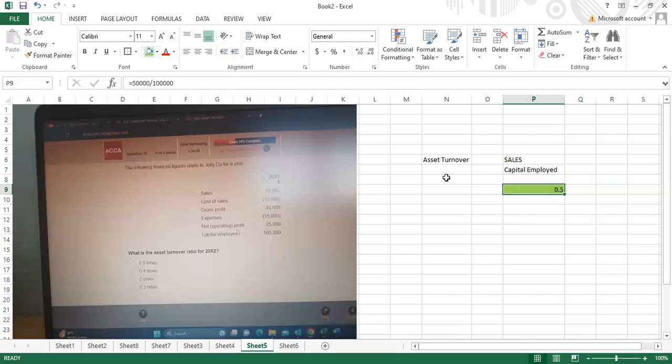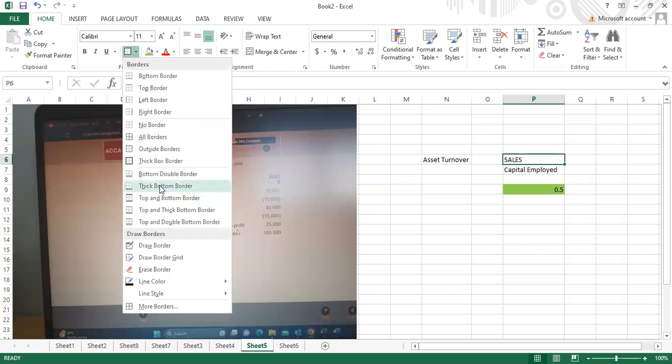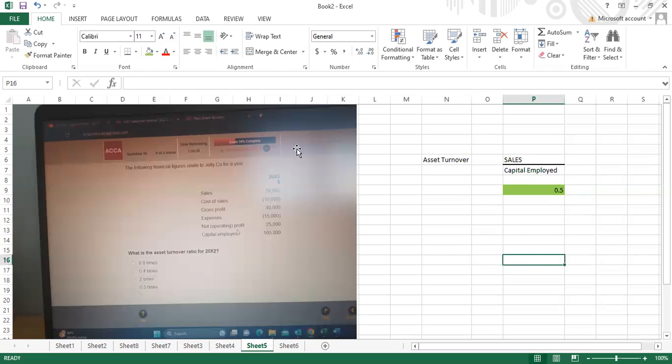Very easy one. Sales divided by capital employed, you will get the answer, which is 0.5 times, and not at all difficult. Easy one, the easiest one. And you will see these kinds of questions appear in exam if you are not well prepared. You will lose 2 marks if you do not know this simple formula.